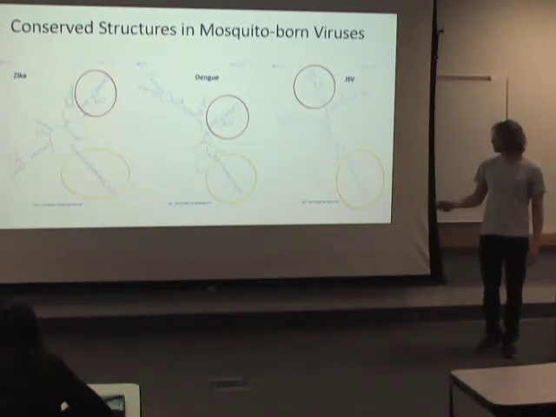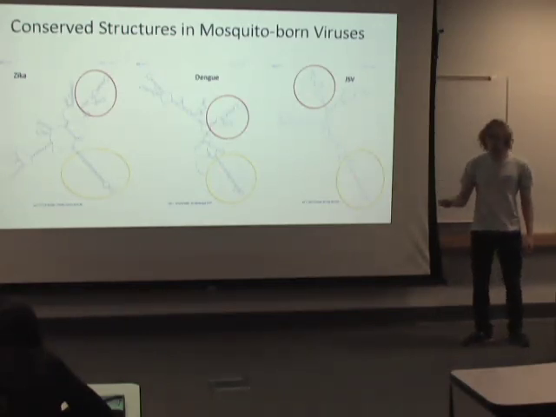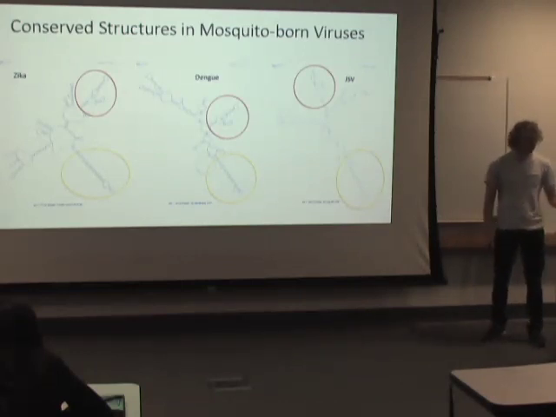So we see that actually these two structures over here are found not only in Zika, but in dengue fever and Japanese encephalitis, which are other mosquito-borne flaviviruses.